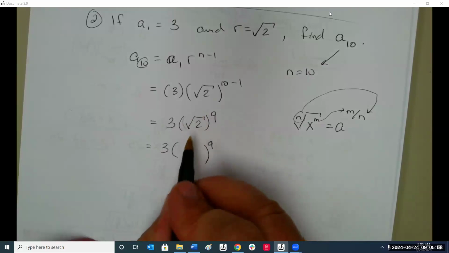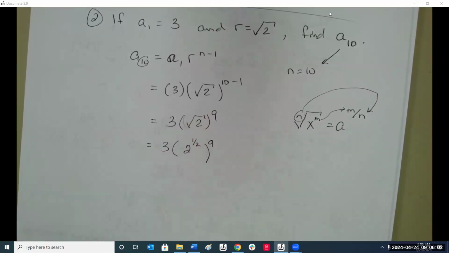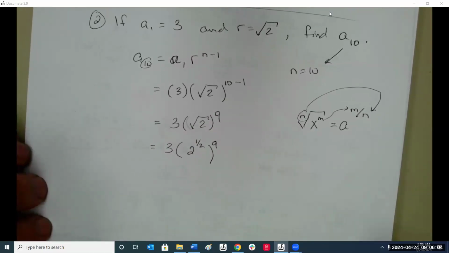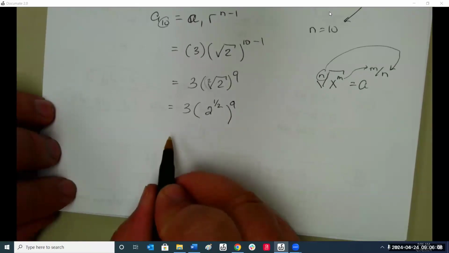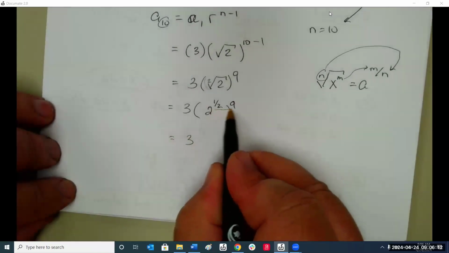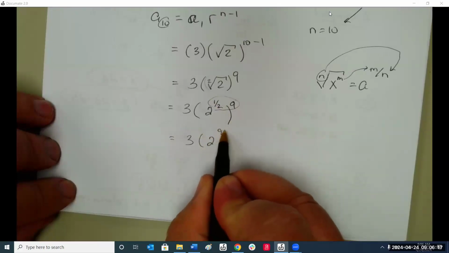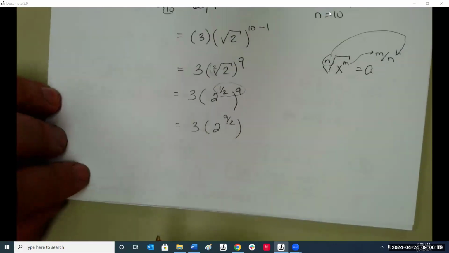So inside here, it's the same as 2 to the power 1/2, because that's an invisible 2 there. Power to a power, you multiply. So it becomes 9/2.